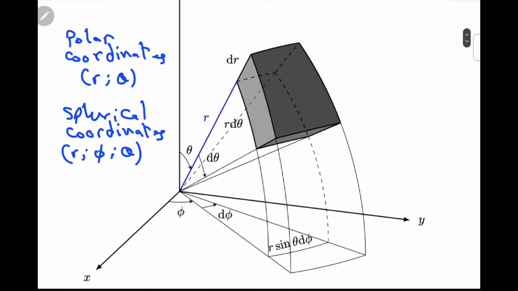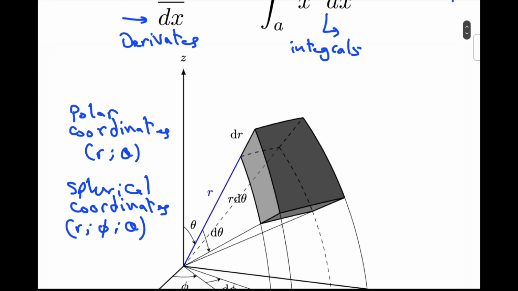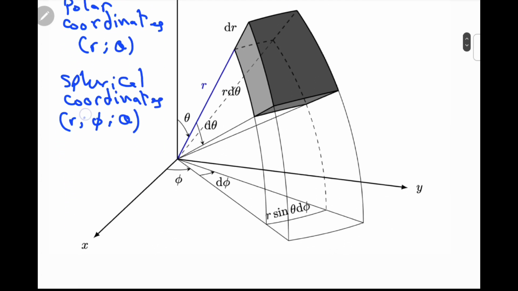So basically, linear approximation is used to construct the conversion between these coordinates, Cartesian coordinates, which is the x and y.